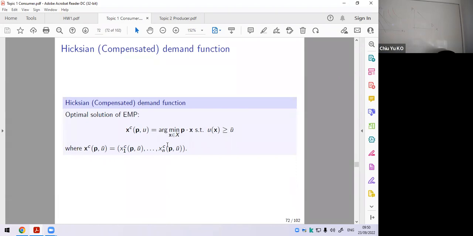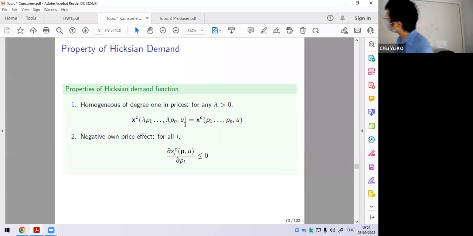When you have a unique solution for the utility maximization problem, you have a unique solution for the EMP. I'm not putting that there, but maybe I should have. I think it's clear they're the same problem, so when you need it for one, you need it for the other. That should not be any difficulty.